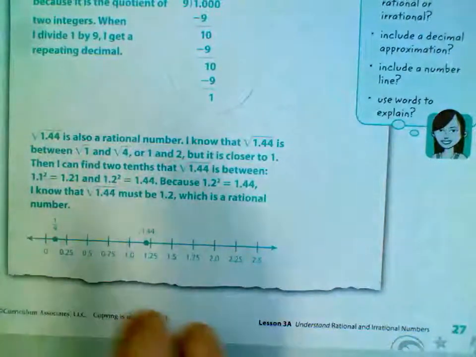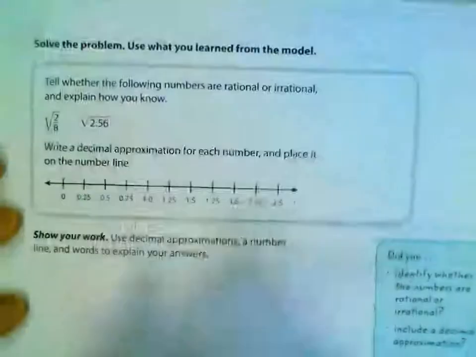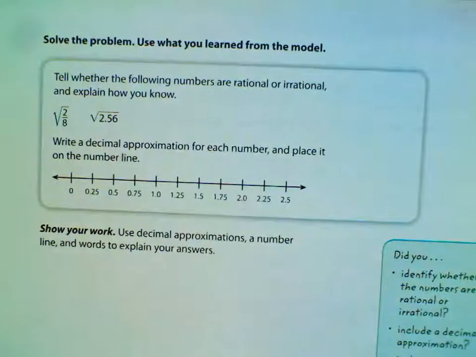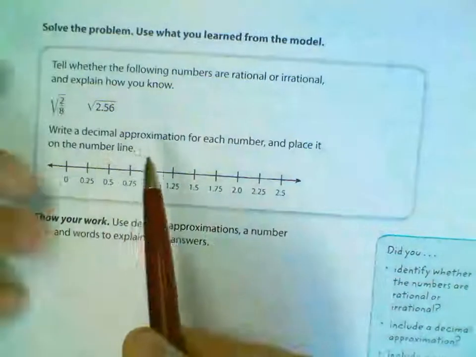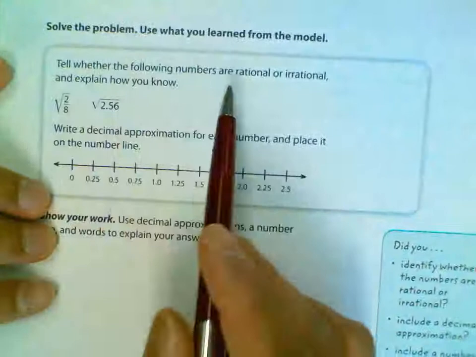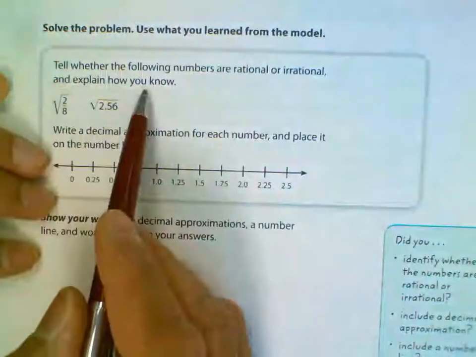So you're going to study that case, and what happens? We turn around the page, and we have our own example where we need to show the work and type a solution. So for example, solve the problem, use what you learned from the model. Tell whether the following numbers are rational or irrational and explain how you know.